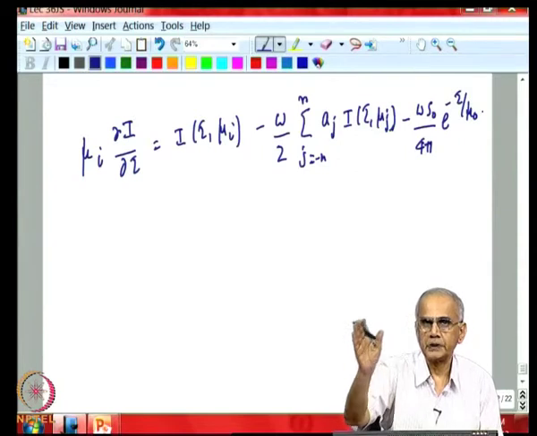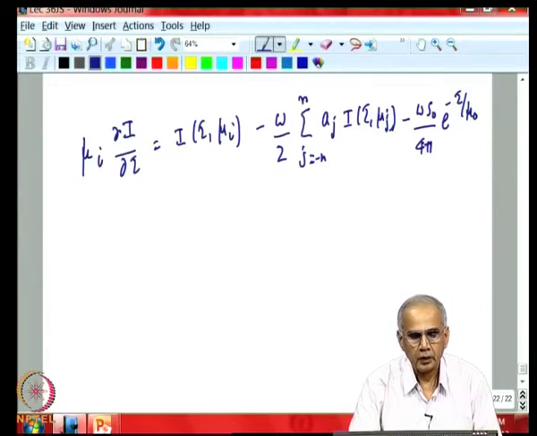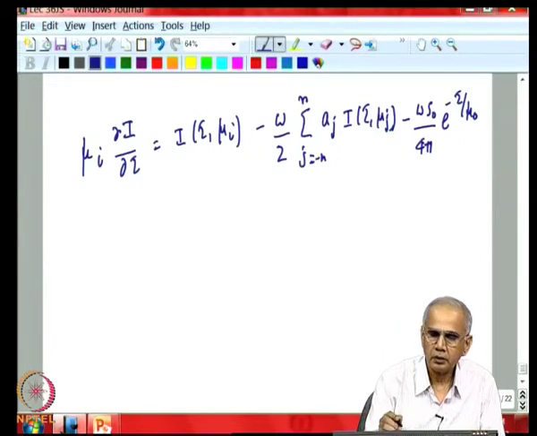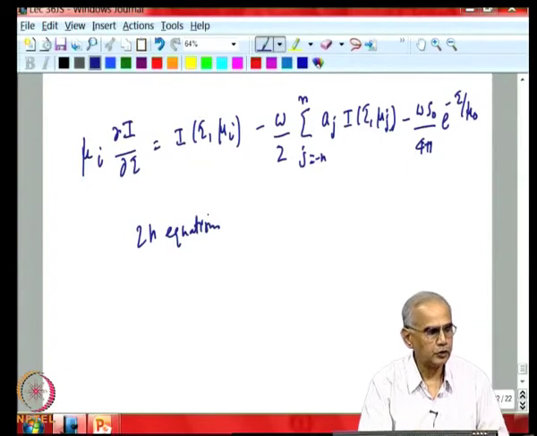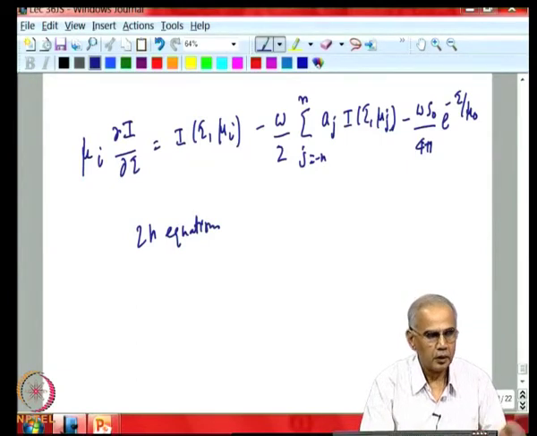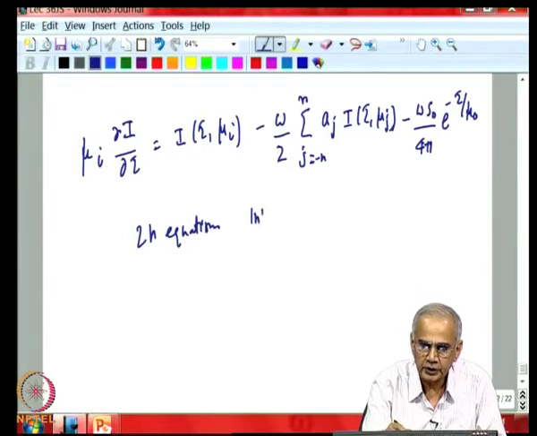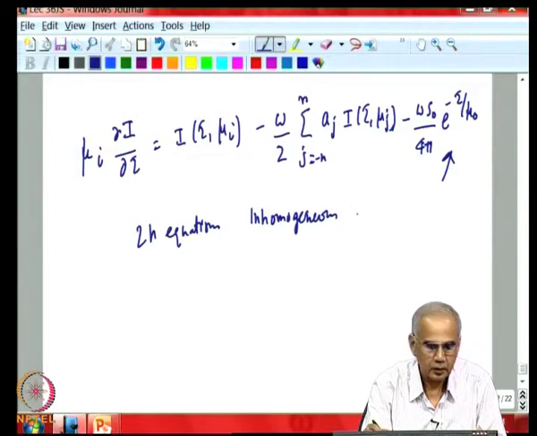This is the solar radiance coming at a specific angle mu 0, and so we have now, remember, 2n equations for 2n values of mu. So, that is what we have, and it is an inhomogeneous set of differential equations because of this term.